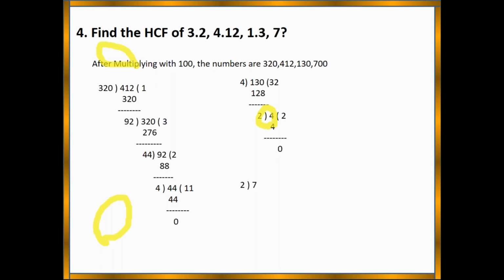Am I clear, all of you? Now just to check again whether this 2 divides the fourth number 700 or not. Exactly 350 times, 2 350s are 700. Remainder is 0. Stop the process. The last divisor is 2.